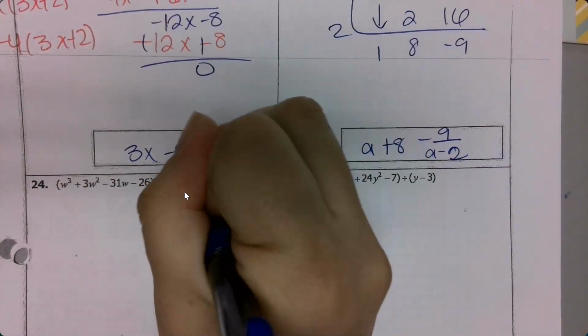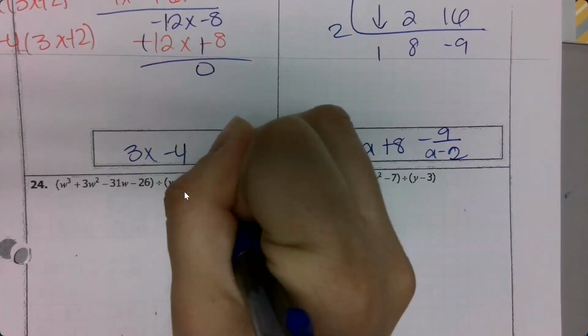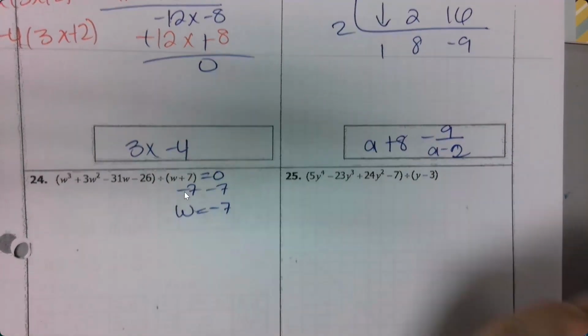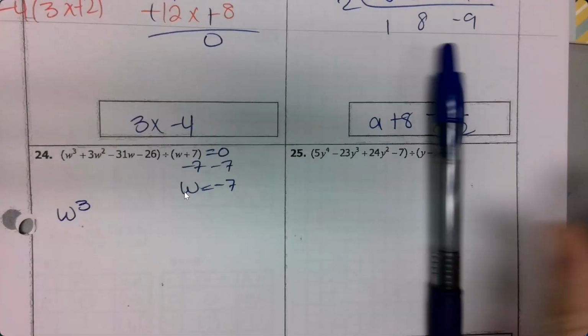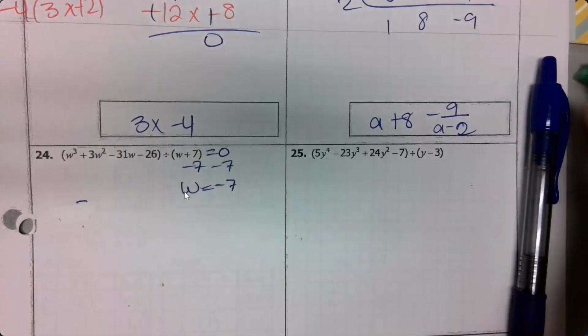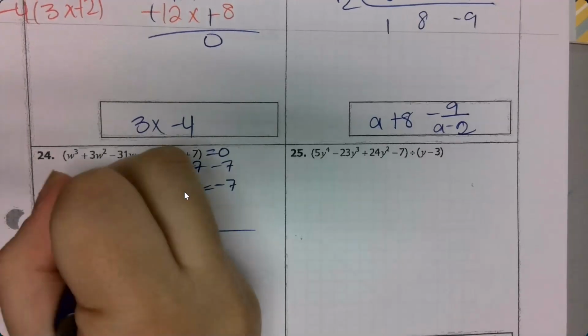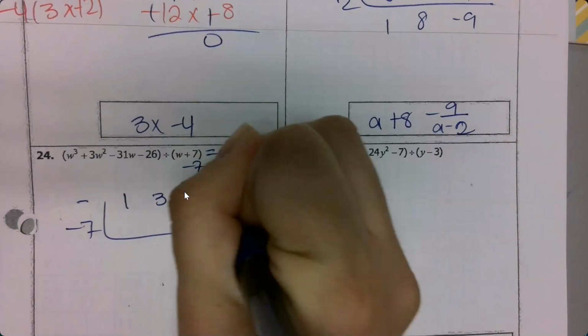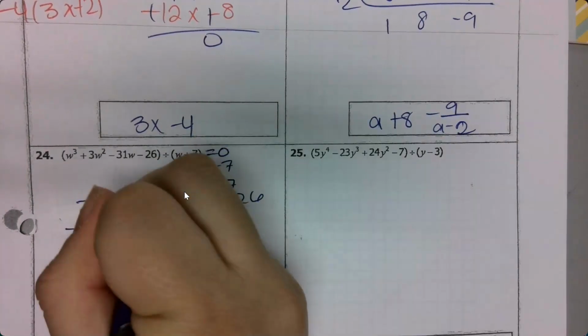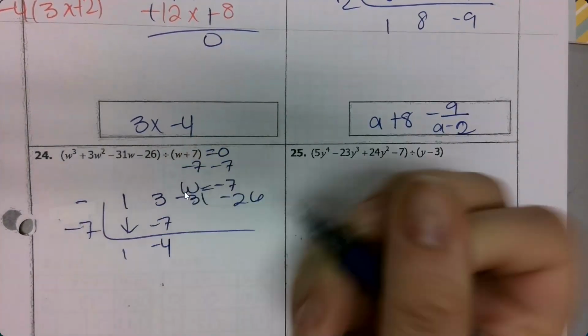Same thing on 24. I set this equal to 0. I subtract 7 on both sides. I get w equals negative 7. I have the wrong one. So I write the negative 7 up front, and then I write my coefficients here. I have 1, 3, negative 31, negative 26. Bring down the 1, negative 7, which gives me negative 4.